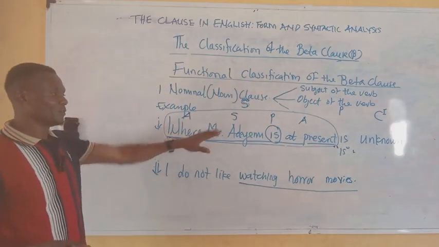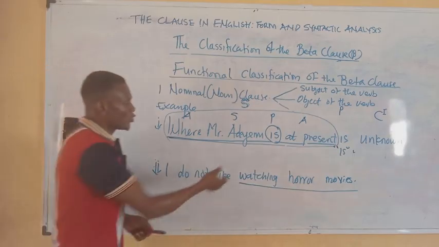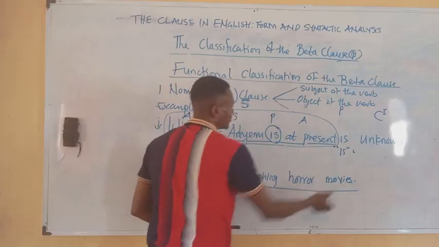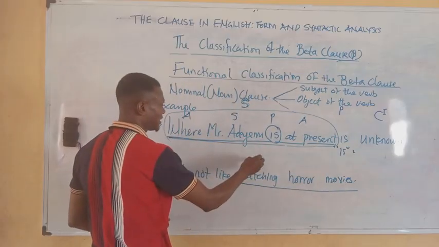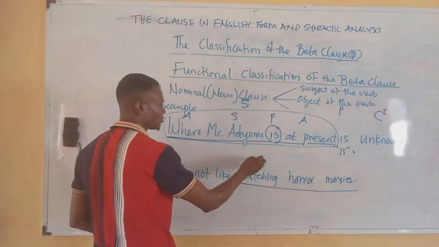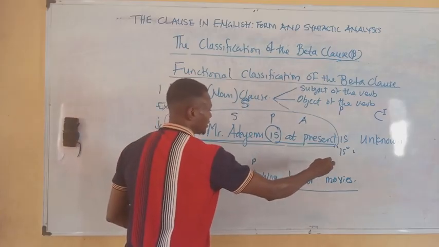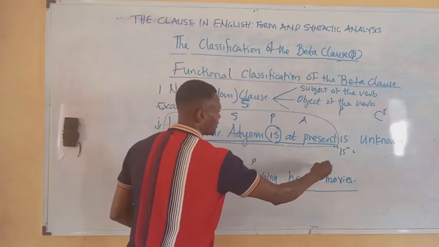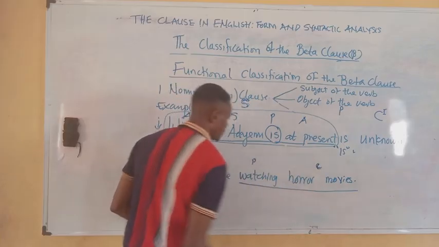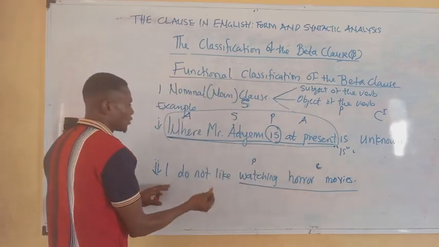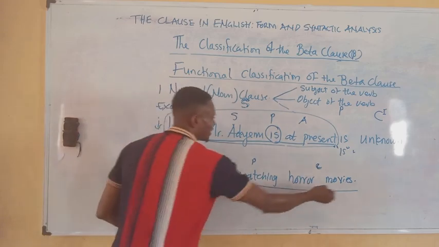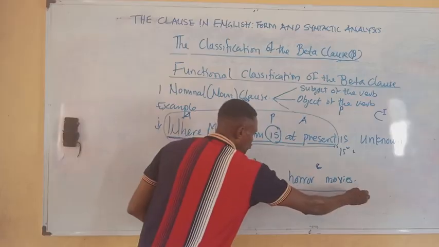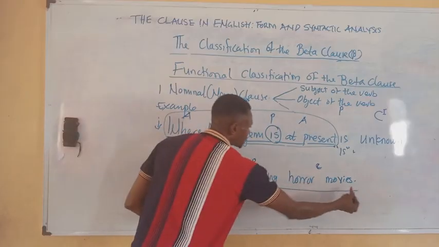Subject of the verb. So coming to this place, "watching" here is the predicator, and "movie" here is just a complement. So what is the grammatical name given to this underlying expression?